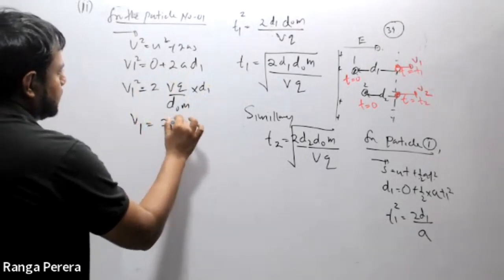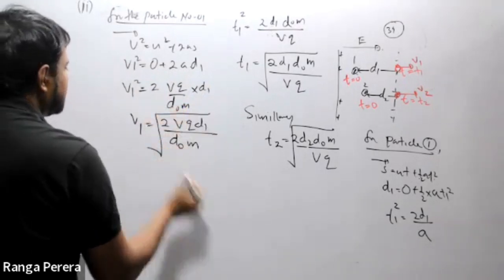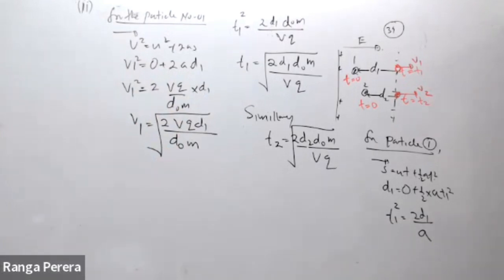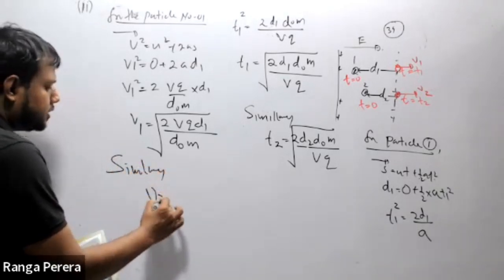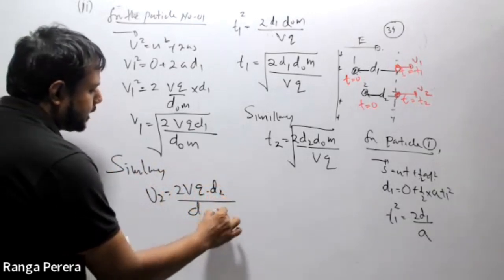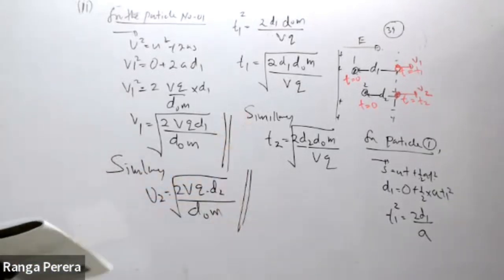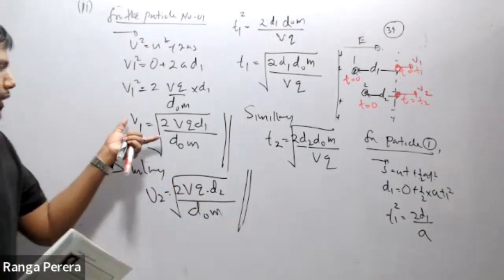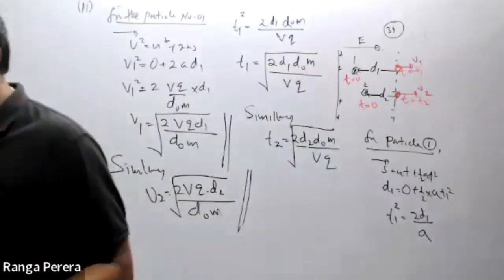So v1 squared equals 2 V Q d1 divided by d naught m, and v1 is the square root of that. Check whether you got the idea. Similarly, v2 equals the square root of 2 V Q d2 divided by d naught m. Only the difference is d2. So once we calculate for one particle, the similar pattern is there, so we can substitute for the second particle.